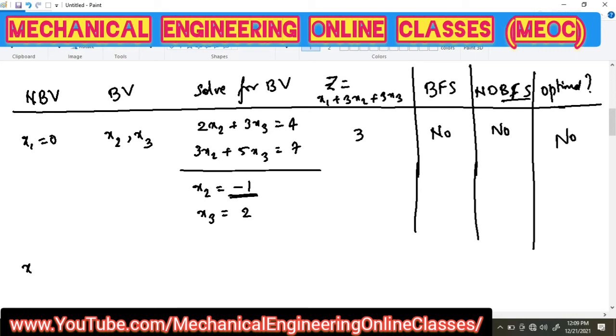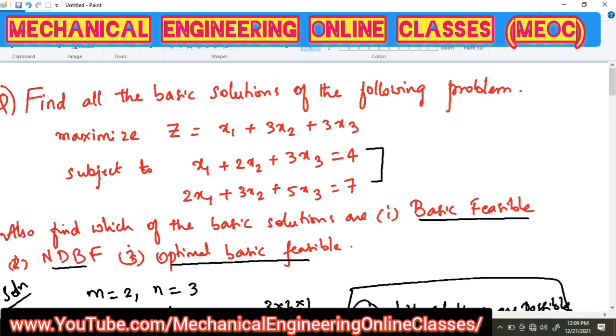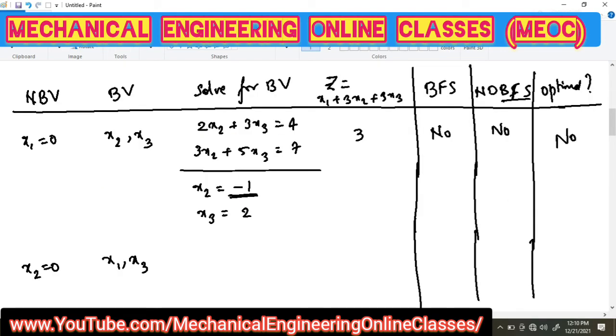Let us check with the second combination. Now this time let x2 be made 0. Let us substitute x2 as 0 and we shall find the corresponding x1 and x3. Then on solving the constraints by making x2 as 0 and finding x1 and x3, we have x1 plus 3x3 is equal to 4, 2x1 plus 5x3 is equal to 7.